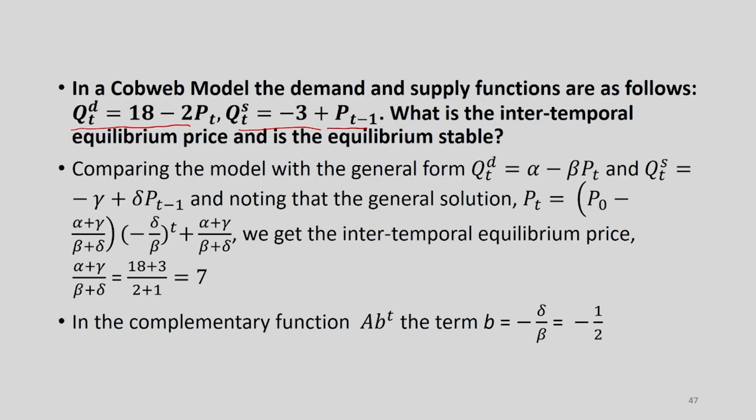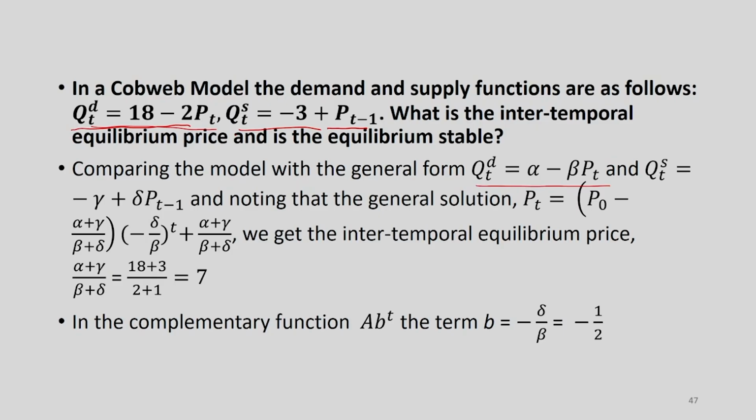Now, we compare these demand and supply functions with the standard model. The standard model was this. This was the demand function Qdt is equal to alpha minus beta Pt, and the supply function was Qst is equal to minus gamma plus delta Pt minus 1. So, we can immediately see what are the alpha, beta, gamma, delta in this particular set of equations, right.